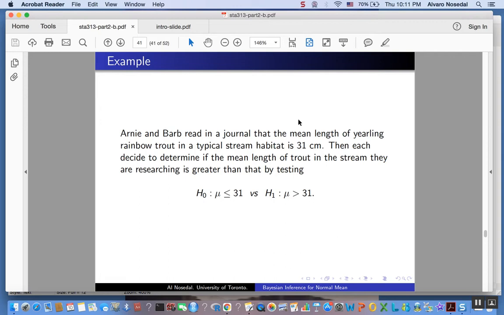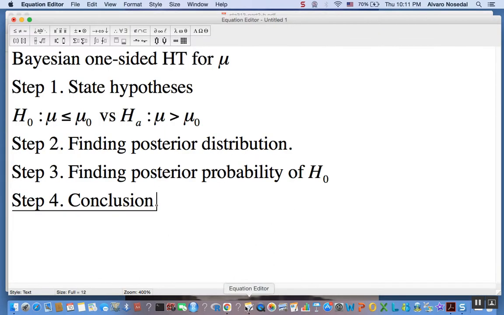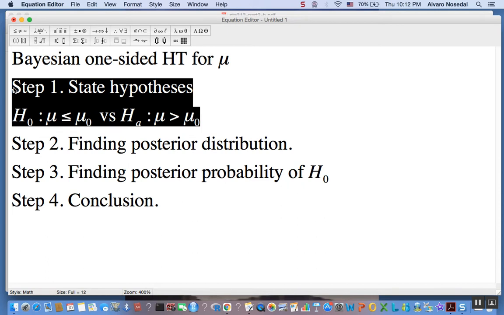As you can see, this is another example of a one-sided alternative. They want to see whether the average length of that kind of trout is less than or equal to 31, against that average being greater than 31. So step 1 is done for us. Let me copy paste this somewhere else.